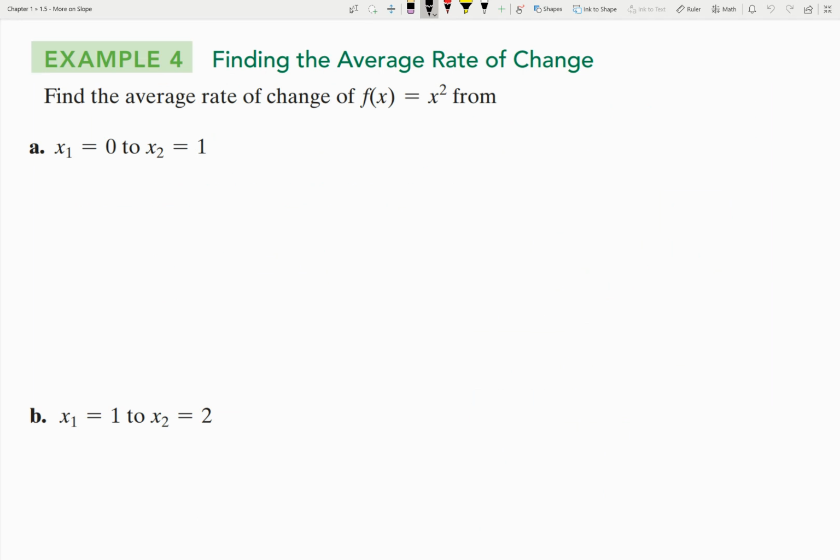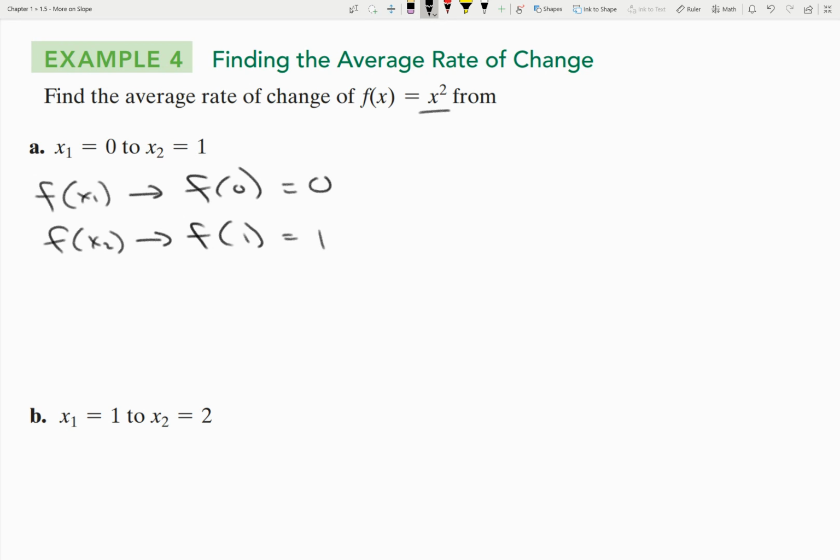Okay? So find the average rate of change of f of x equals x squared from 0 to 1. We have to find f of x1 and f of x2, so this is going to be f of 0 and f of 1. My function is x squared, so I just plug it in. That is 0 and that is 1.